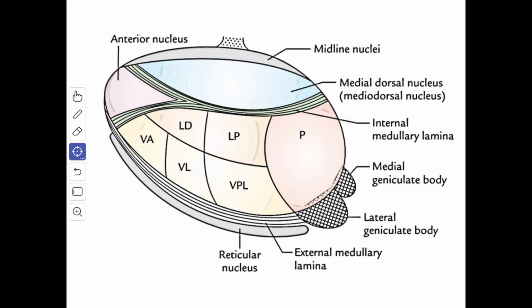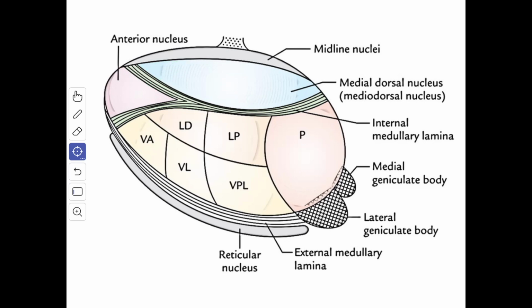The nuclei in the anterior part are collectively called the anterior nucleus. The nuclei in the medial part consist of a large medial dorsal nucleus and a small medial ventral nucleus.